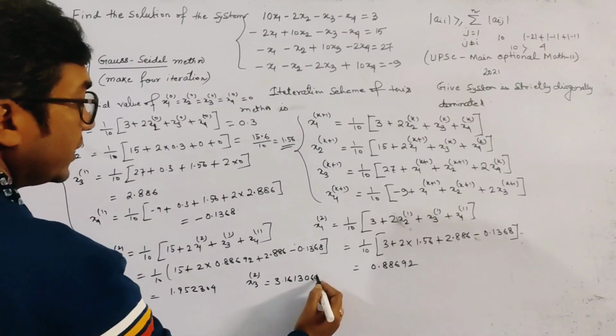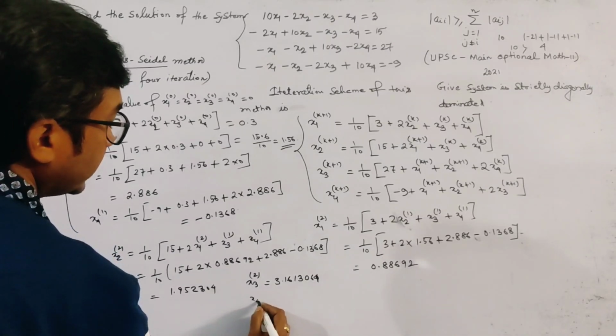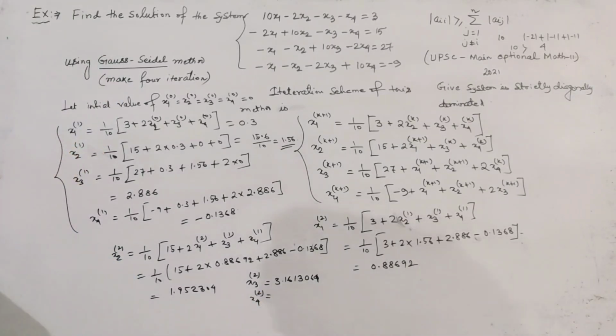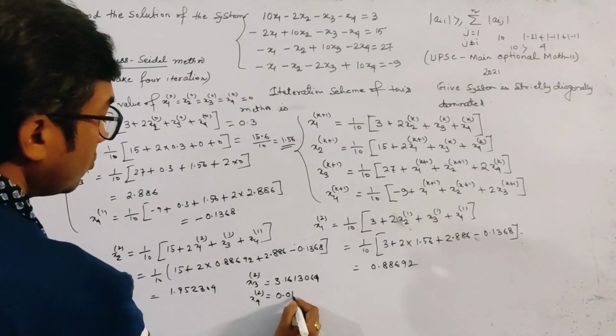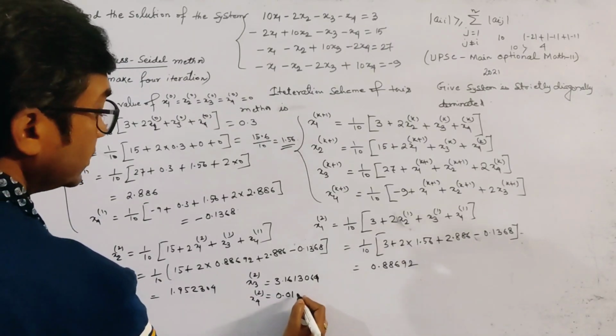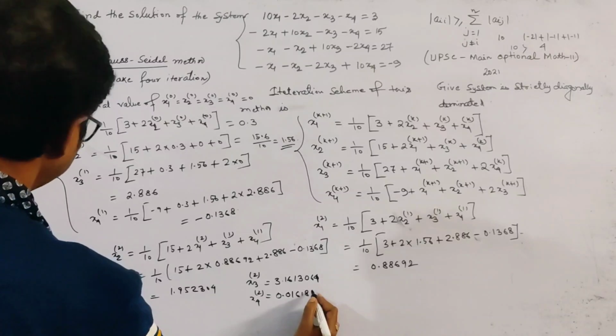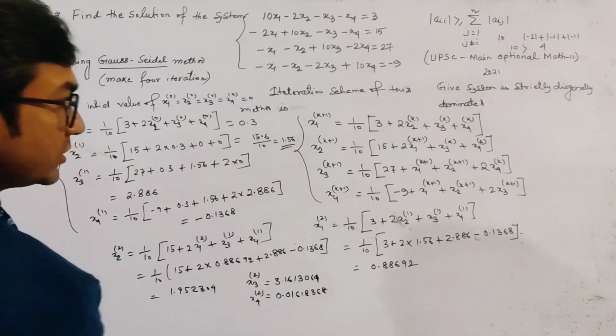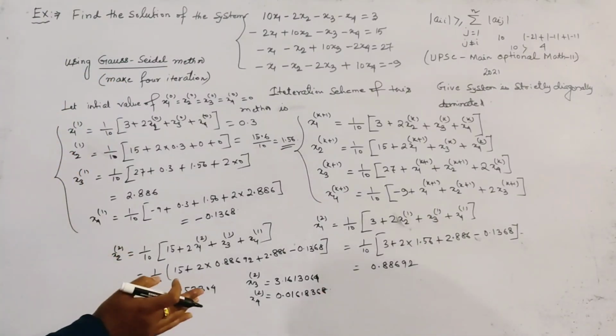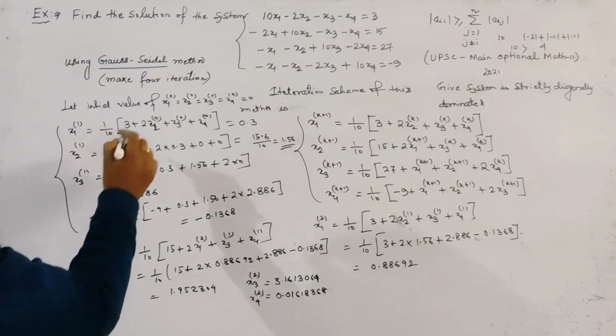Okay, and in a similar manner we write directly here x3 2, which is 3.1613064, and we get x4 2, the second approximation of x4, which is 0.0161836. Okay, and continuing this process we have to find 4 iterations for this problem.